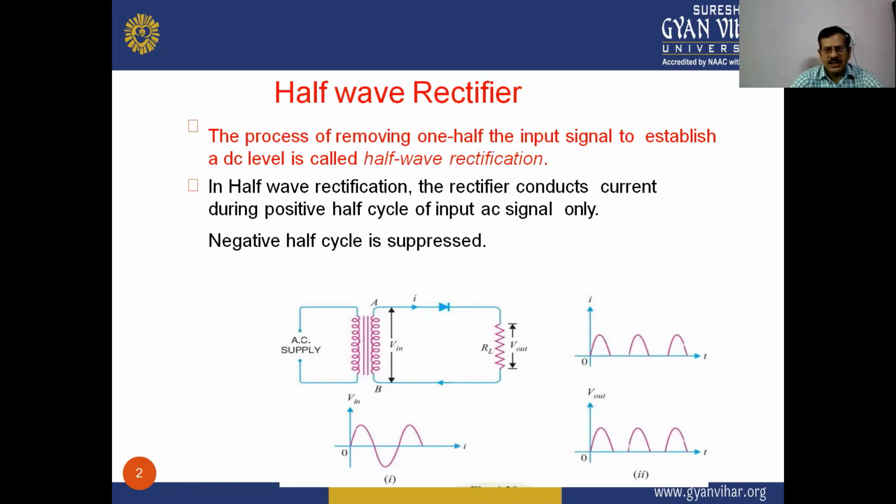In the negative half cycle, the diode is off. In that case, the output voltage will be zero. So an AC or sinusoidal signal is converted into DC signal with the help of the half wave rectifier.